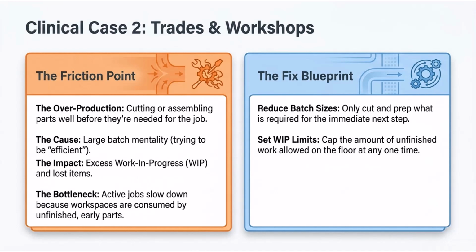So the fix blueprint again is around batching: only cut and prep what is required for the immediate next step, and then set work in progress limits that cap the amount of unfinished work allowed on the floor at any one time. And you can imagine there is a cost involved here because you're going to start seeing lots of material required in this particular process because people are cutting too much of it.